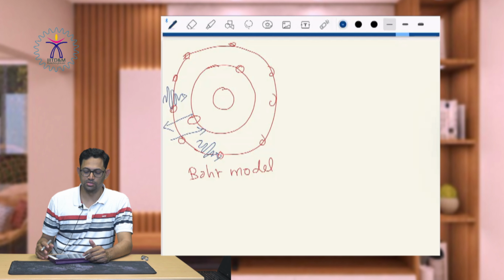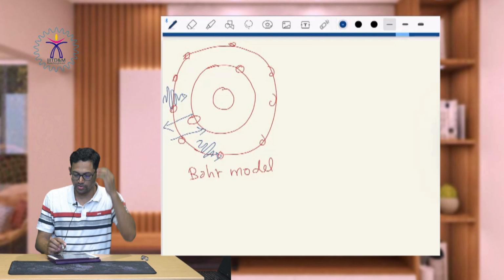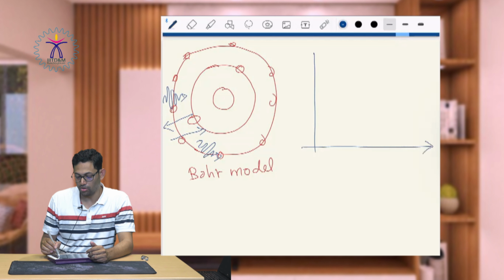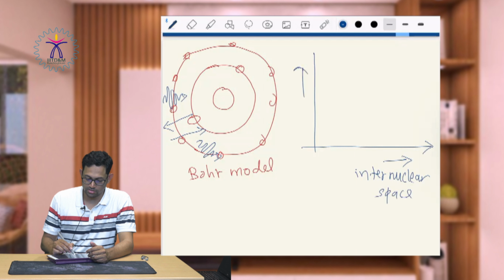Another model is known as the energy band diagram model, which we use especially when we talk about molecules. In this we have the x-axis as internuclear space, and the y-axis as the energy.